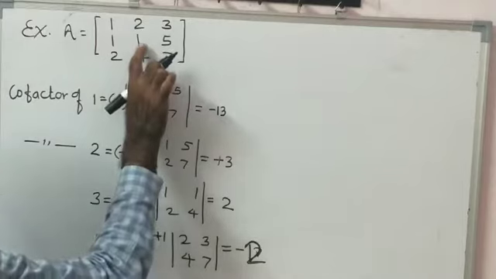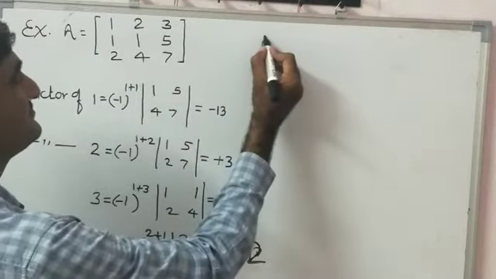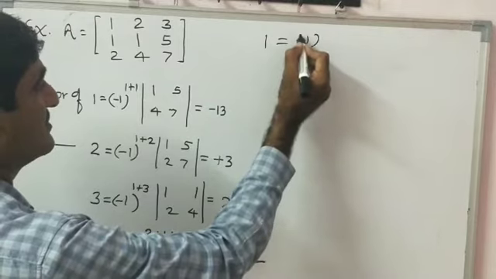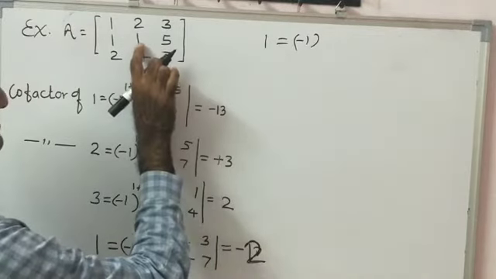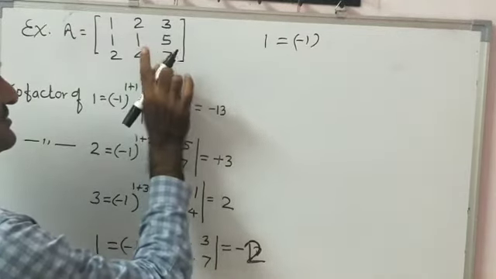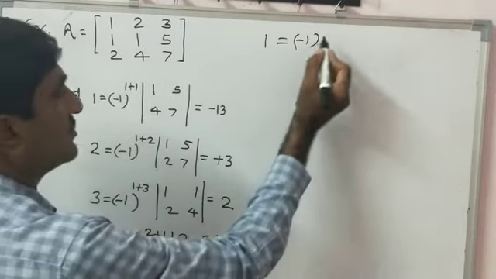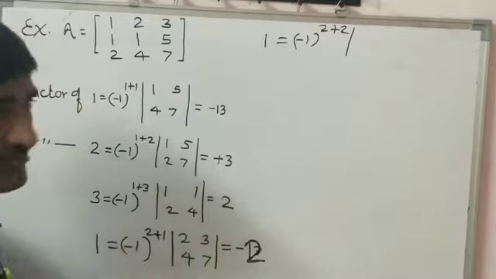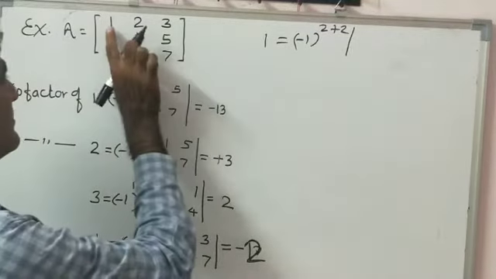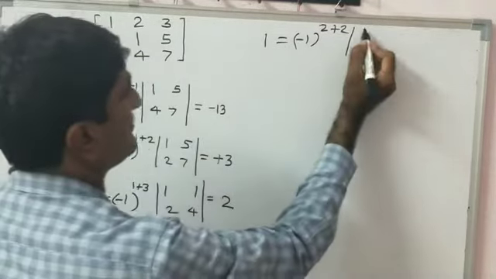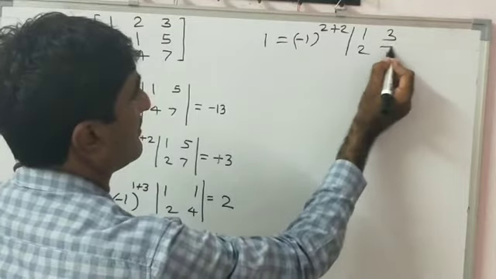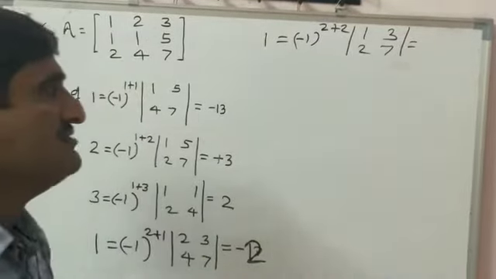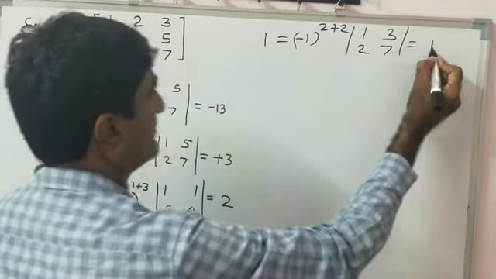Now this element 1: (-1)^(2+2). Its minor is 1 3 2 7, that is plus, 7 minus 6 is 1.